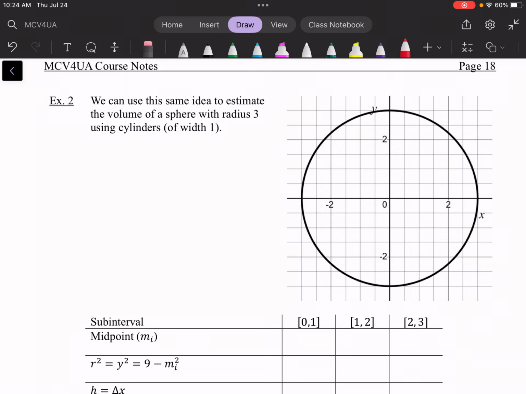But what we can do is use some ideas here, because we can take a little piece, rotate it around our x-axis. Sorry, drew that wrong.